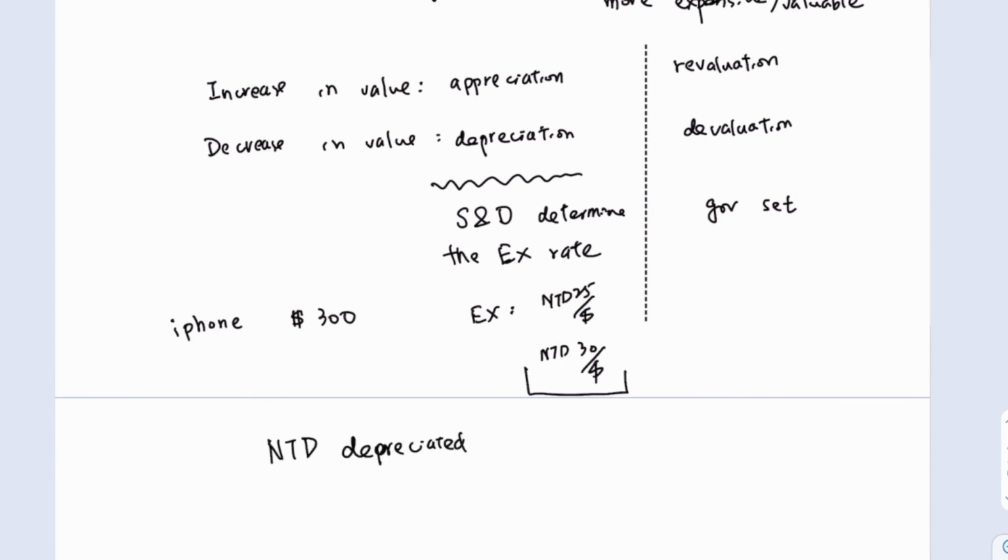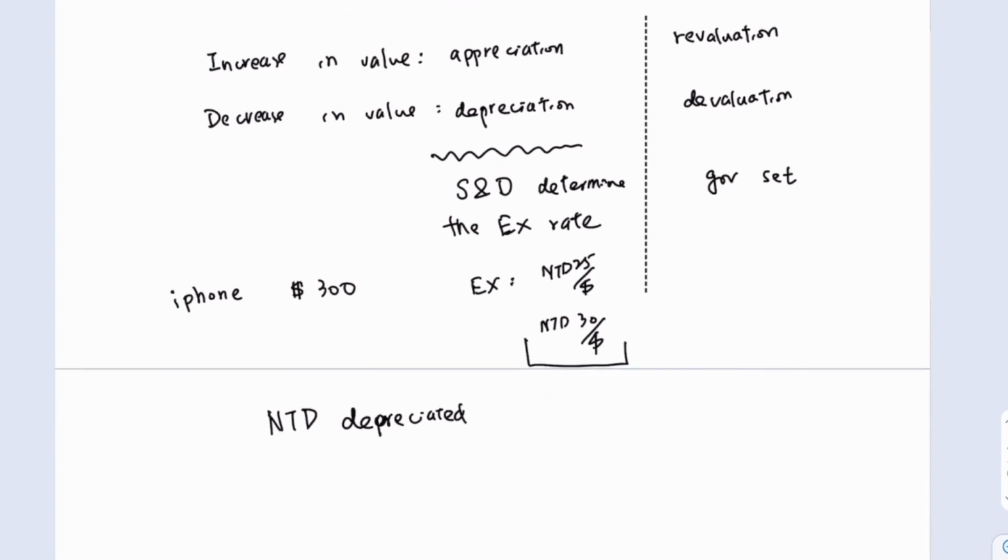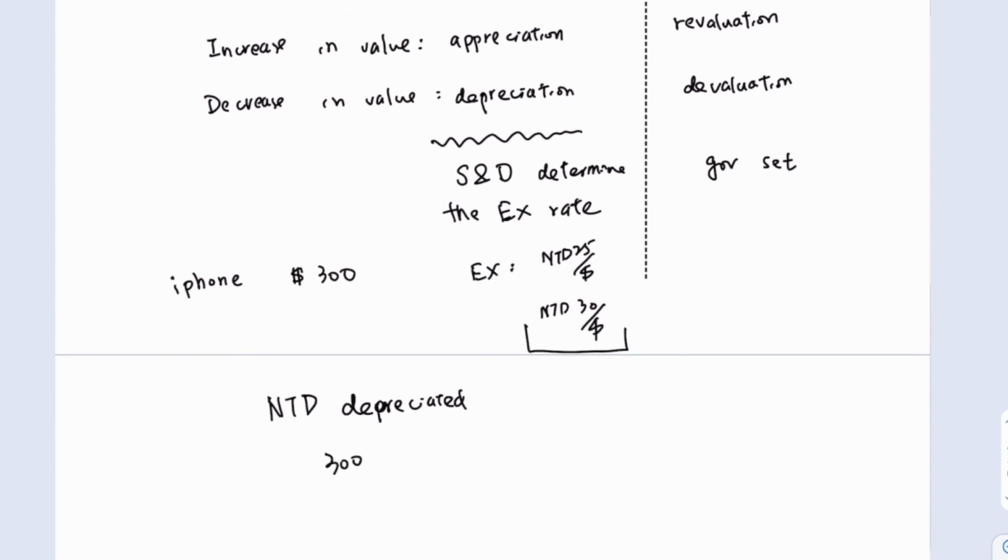Let's see what the impact will be. Before the depreciation, at 25 NT dollars per US dollar, you need to pay 7,500 NT dollars to get a $300 iPhone. But if it becomes 30, then you need to pay 9,000 NT dollars to get an iPhone. Therefore, when the currency gets depreciated, you need to pay more to acquire foreign goods, and the foreign goods become more expensive.